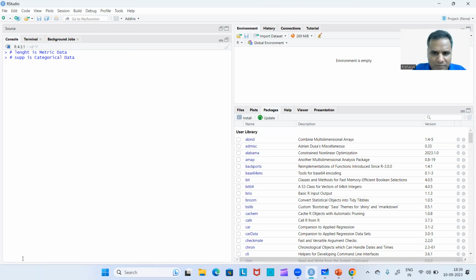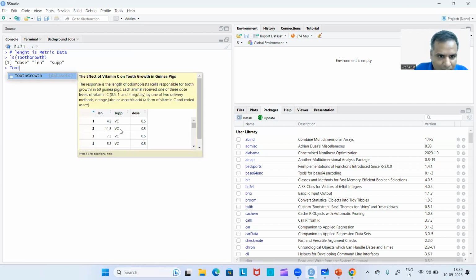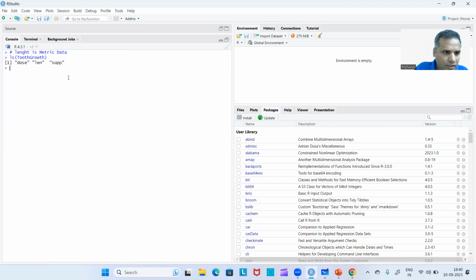एक सेकंड, क्या था वो, एक मिनट देख लूं पहले. अपर एरो की. नहीं, इससे नहीं पता चलेगा मुझे, वो ToothGrowth डेटा ही देखना पड़ेगा. Sorry. Control L, upper arrow key. Length is metric.